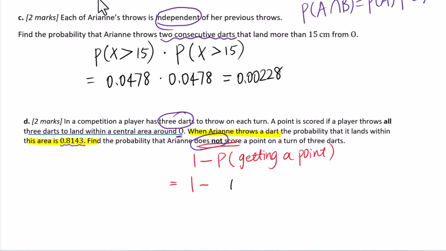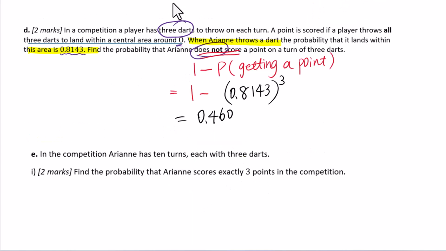I have to use 0.8143 to the 3rd power because she has to throw 3 darts in a row. Answer is 0.460.